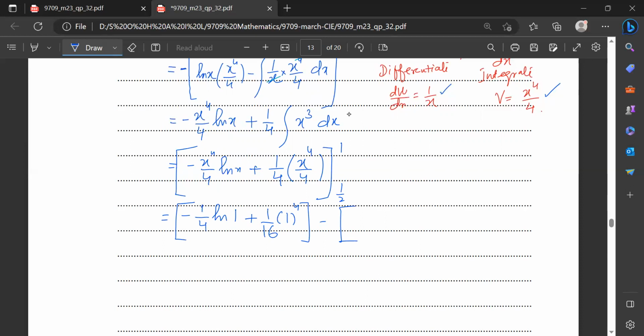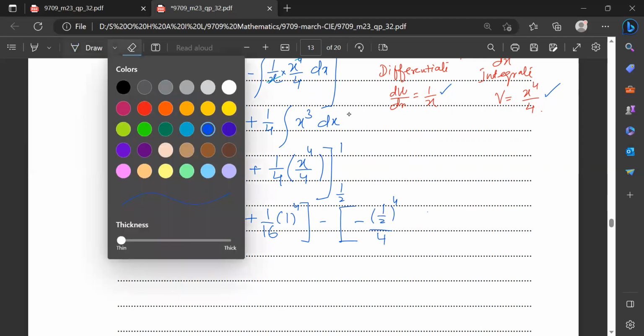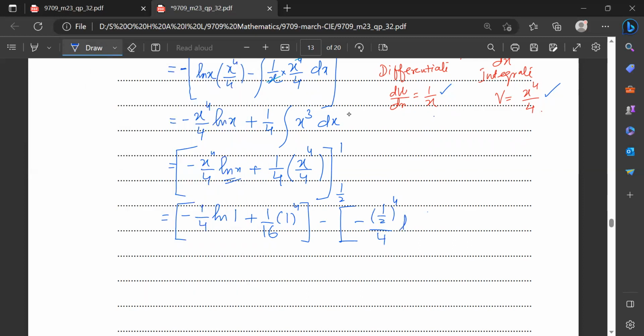Lower limit is 1 over 2, minus sign is here, 1 over 2 raised to the power 4 upon 4 into natural log of 1 over 2 plus 1 over 16, using the 4 fours of 16, and x is 1 over 2 to the power 4. Simplification.